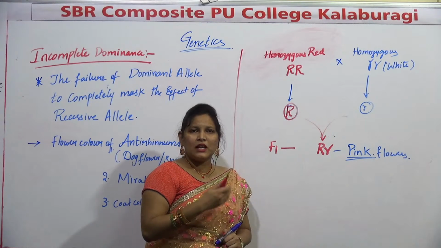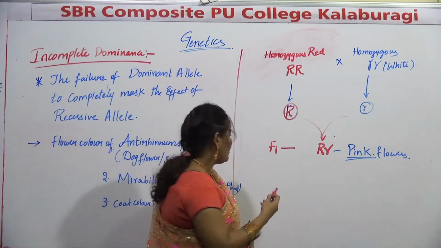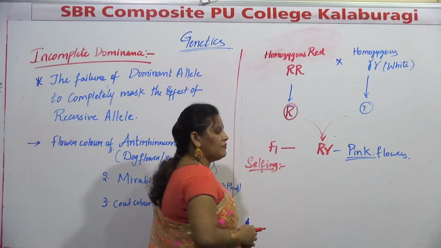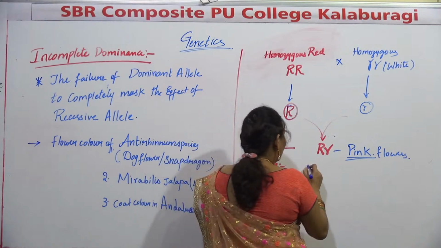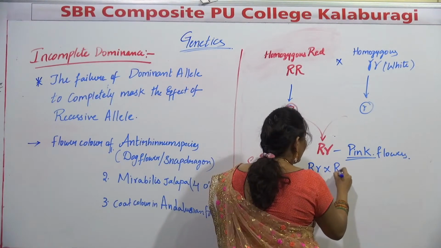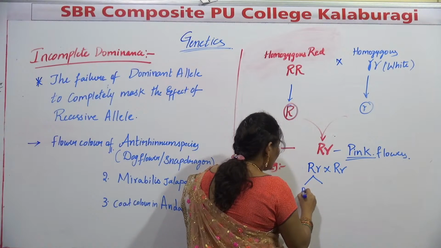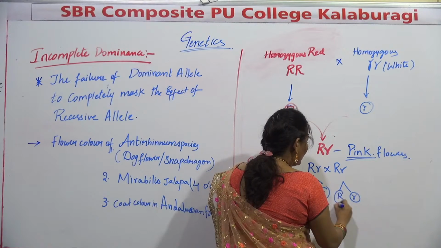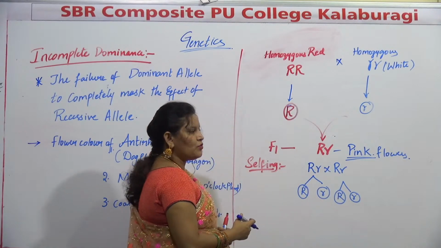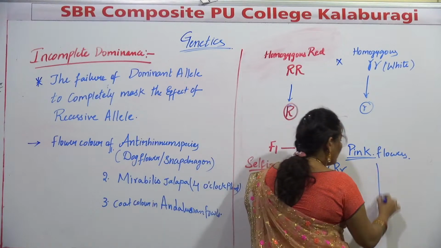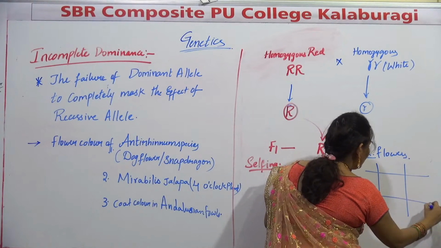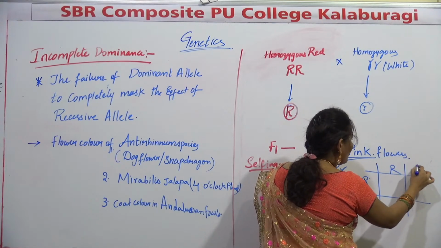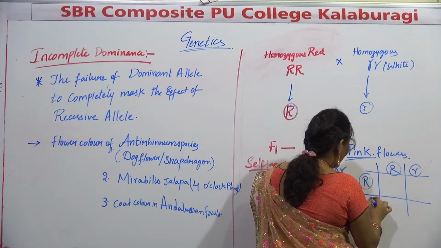Now, when these F1 individuals are selfed, what happens? See here, capital R smaller r crossed with capital R smaller r, it has resulted in the gametes capital R, smaller r, capital R, smaller r. Now when these gametes undergo fertilization, see here, capital R capital R, capital R smaller r.